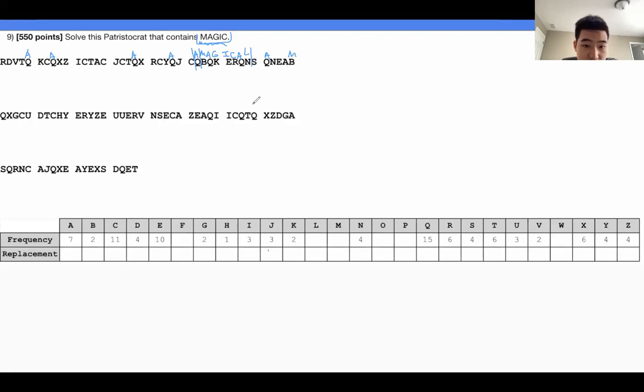I was filling in A's. Where is this K? I definitely skipped over it. Here it is.